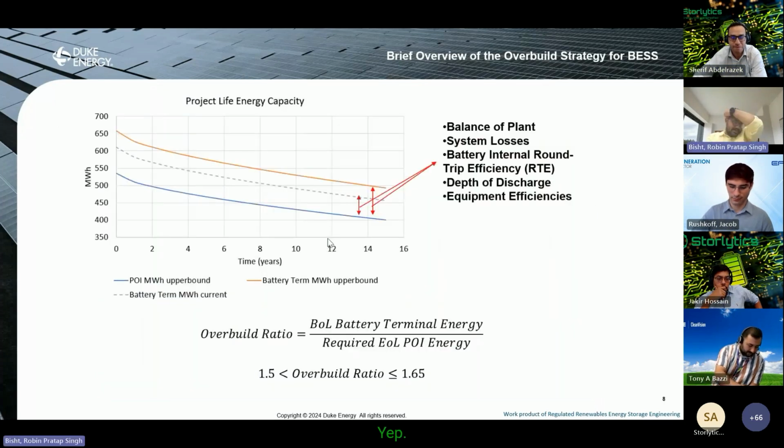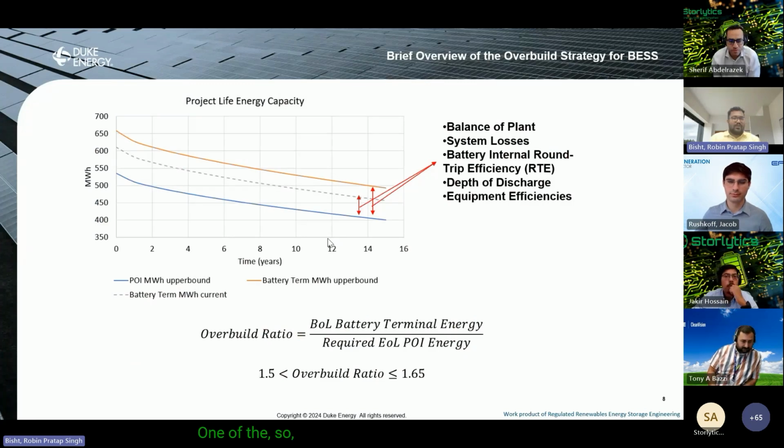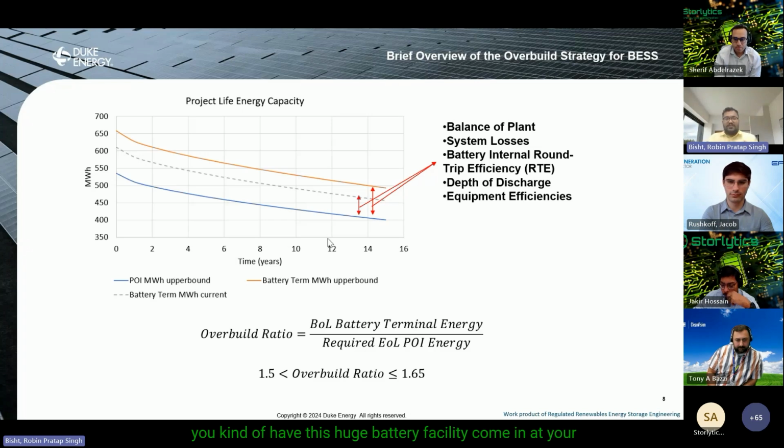Yeah, that was a great point, Sharif. I'm glad you stopped me. So we were looking at the overbuild strategy, and basically what we are seeing in some of the proposals coming to us is where the overbuild ratio is right now, because you have this huge battery facility come in at year 0.